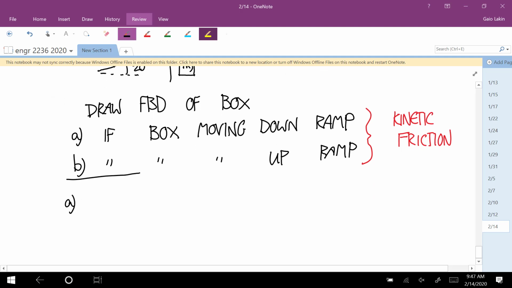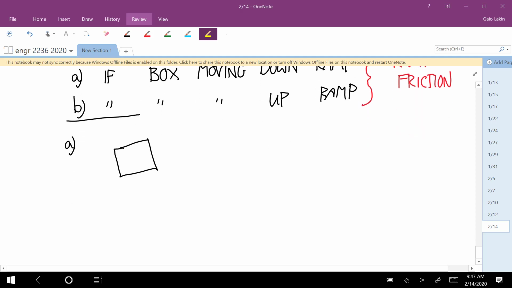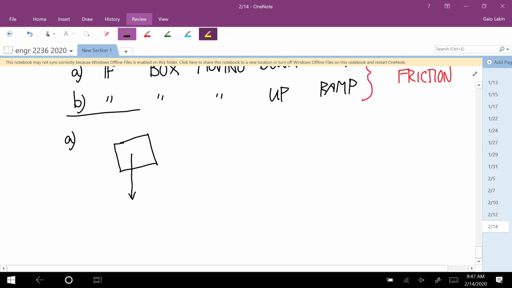So for part A, there's a weight force. That's the weight. There's a cable force that we don't know yet.